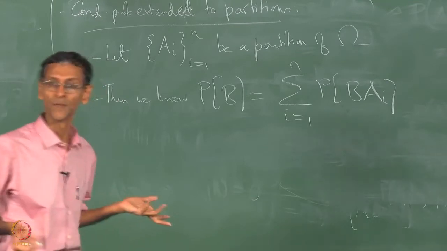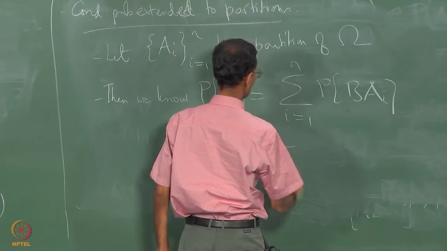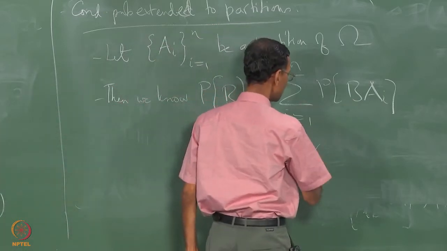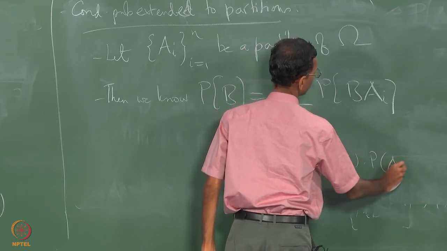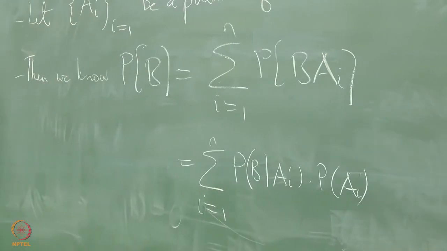So this becomes P(B given A_i) times P(A_i).